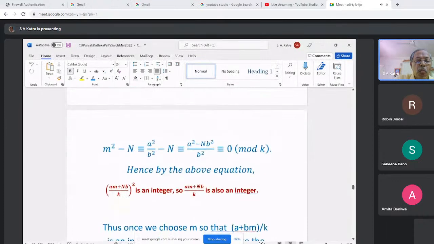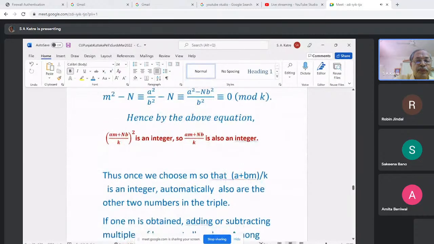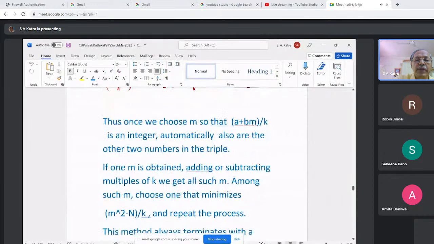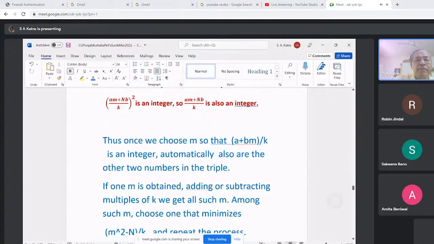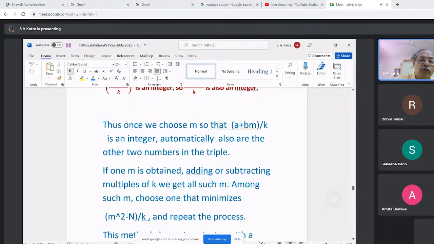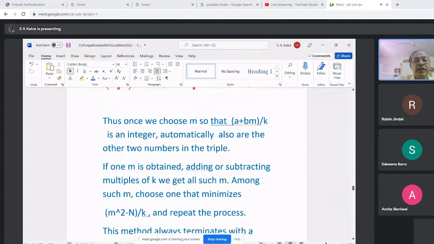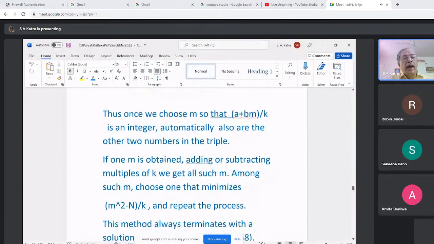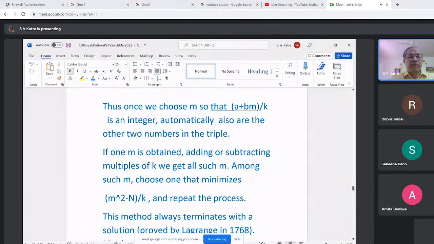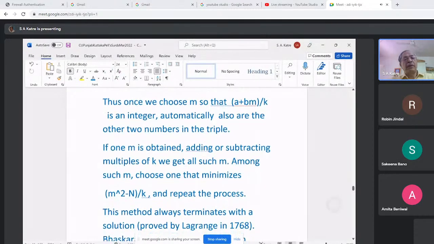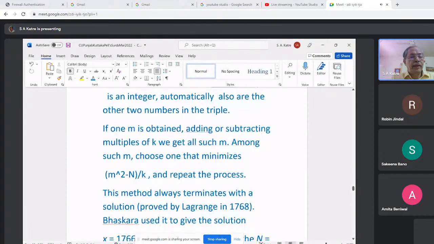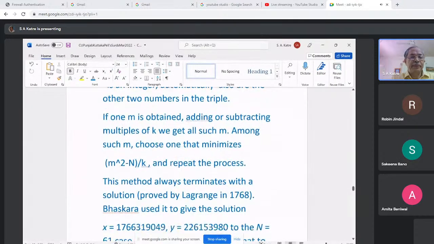So once we choose m so that a plus bm by k is an integer, automatically the other two numbers in that triple are also integers. Once one m is obtained, adding or subtracting multiples of k, we get all such m.